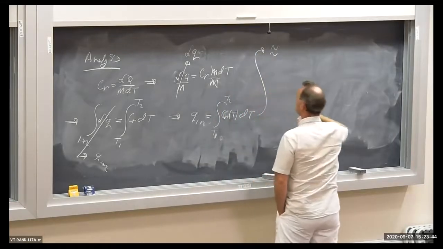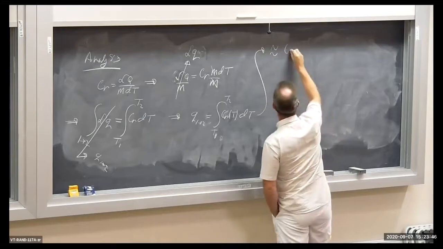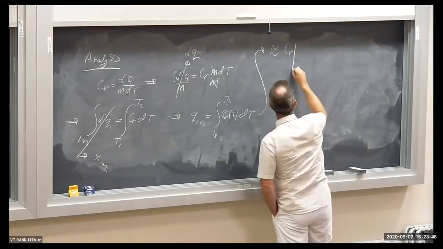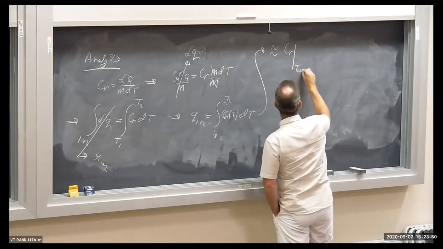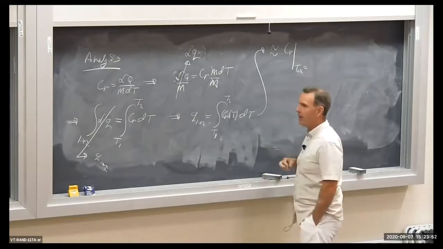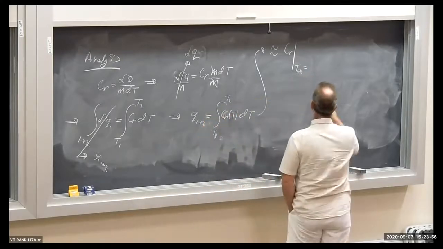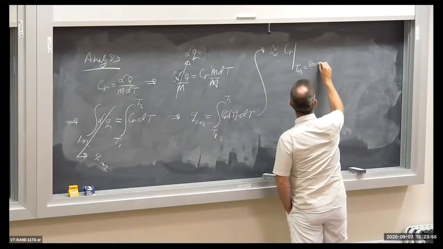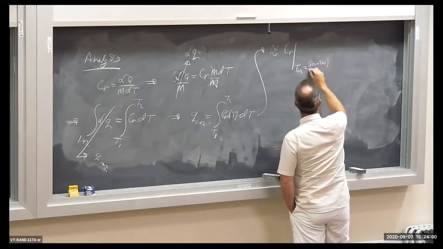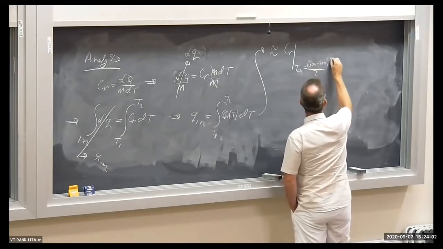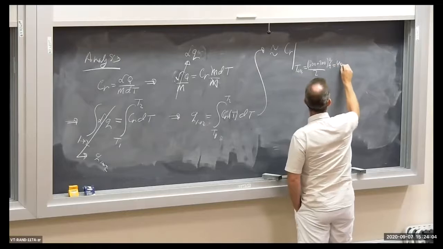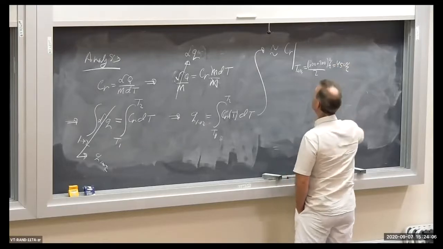This integral is approximately equal to CV evaluated at an average temperature. What's the average temperature? It's 600 plus 300 divided by 2, that's 450 Kelvin, okay?